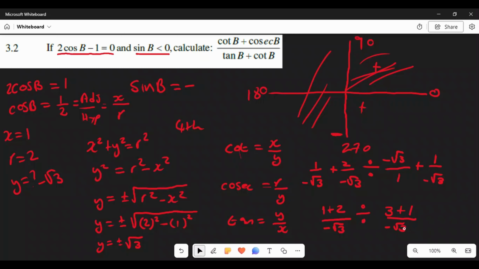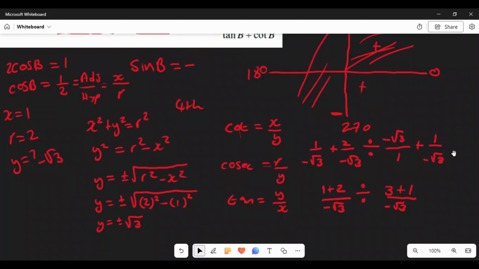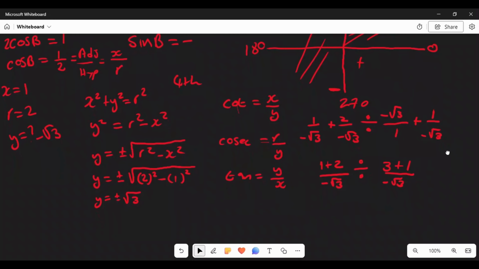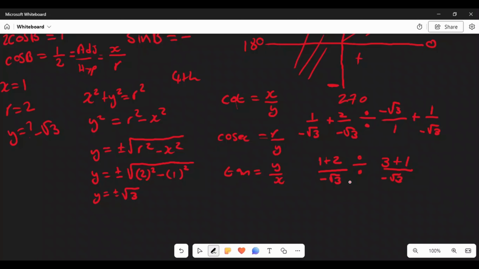All right, so let's continue. Now let me just create a little bit of space here. So I'm going to continue here. So when you continue on this side, it's going to be 3 over negative root 3.